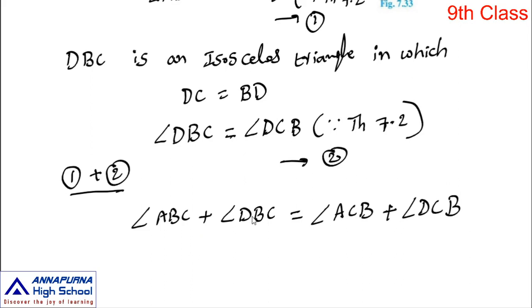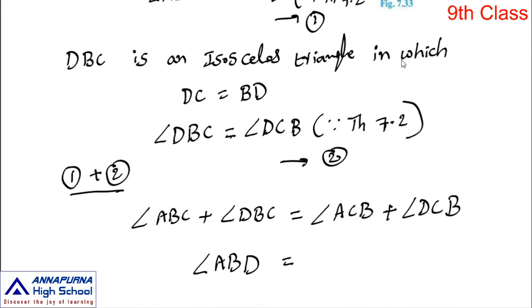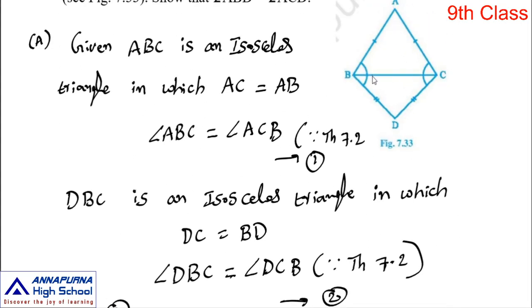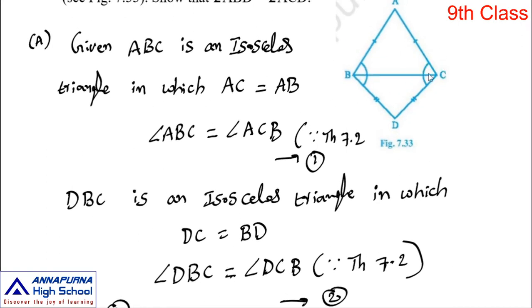So angle ABC plus angle DBC is equal to angle ABD, which is equal to, see the figure, angle ACB plus angle DCB.